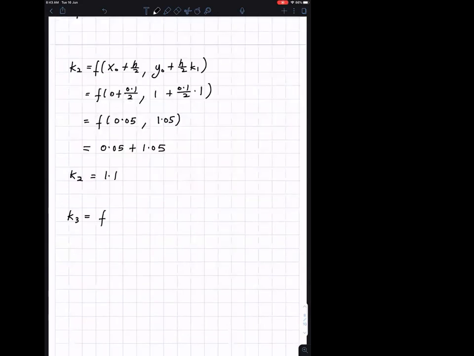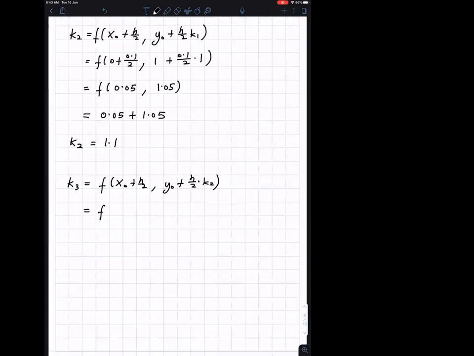So next one, same formula, x0 plus h over 2, y0 plus h over 2, multiplied by k2. x0 plus h over 2, we calculated that earlier, right? So it's going to be 0.05.